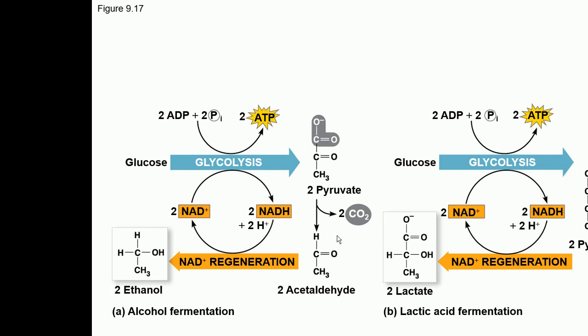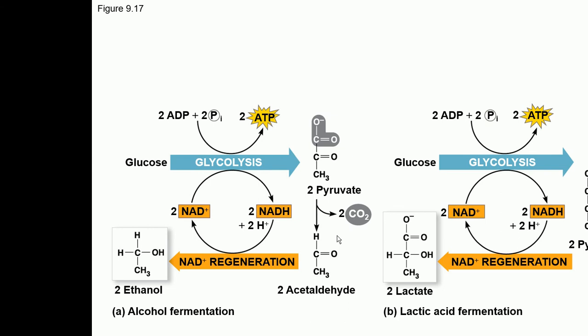So in both processes, whether it's alcoholic fermentation or lactic acid fermentation, ATP is produced by glycolysis, which is only 2 molecules of ATP, very little energy as compared to cellular respiration, in which 32 molecules of ATP are produced.